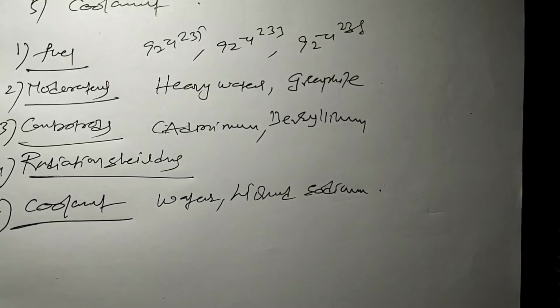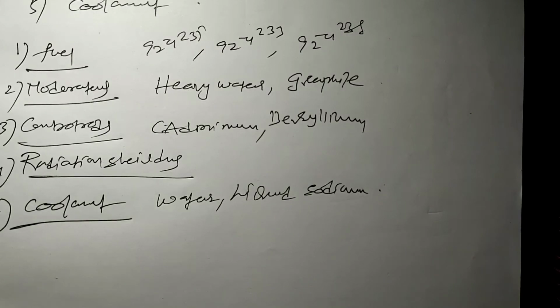The velocity of these fast moving neutrons is controlled by the moderators. When they pass through the moderator, their velocity decreases and their kinetic energy also decreases. These low energy neutrons are called thermal neutrons. They play a very important role in the chain reaction.